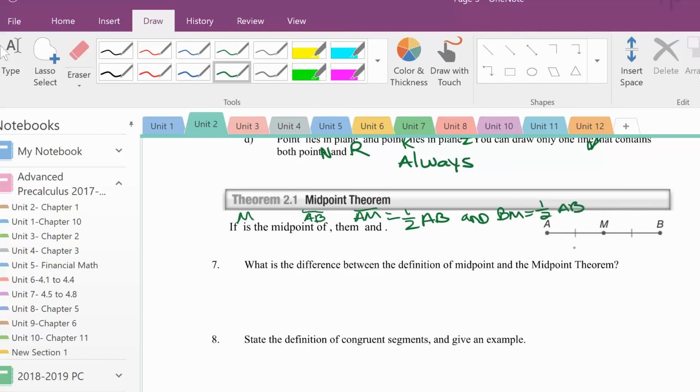Basically what it means is the midpoint divides it into 2 segments that are half of the whole thing.